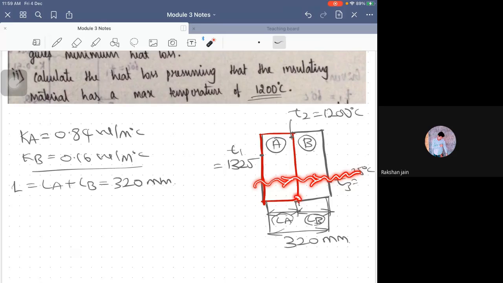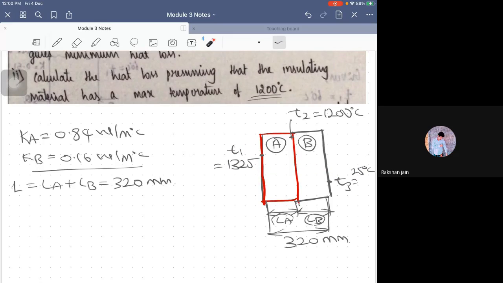In the sense, if you calculate at this point, that is the Q at the first block, it will be the same. And if you calculate at this point, the value of Q would be the same. Even if you calculate at a whole stretch, the amount of Q remains the same. That means whatever heat is getting transferred, so that your 1325 is dropped to 25 degrees centigrade, the overall heat transferred would be the same.